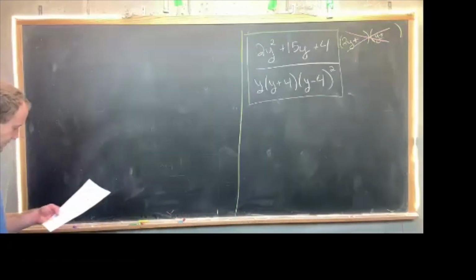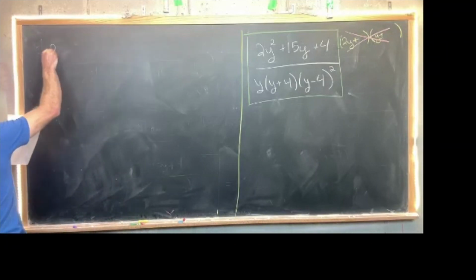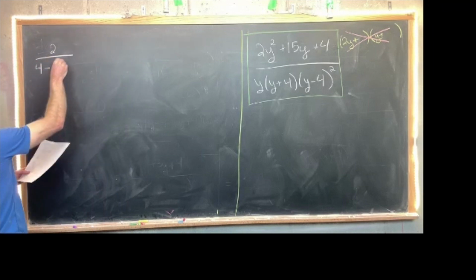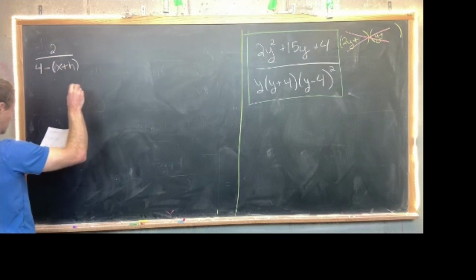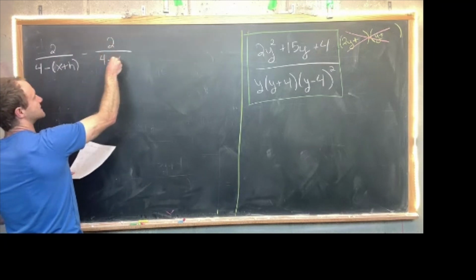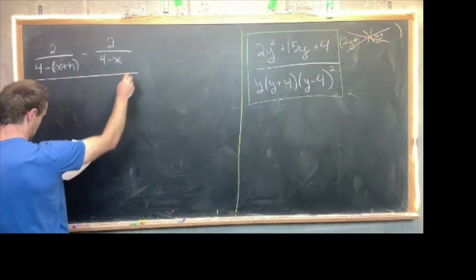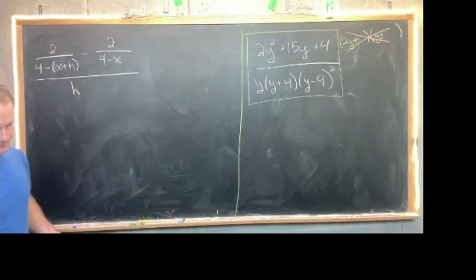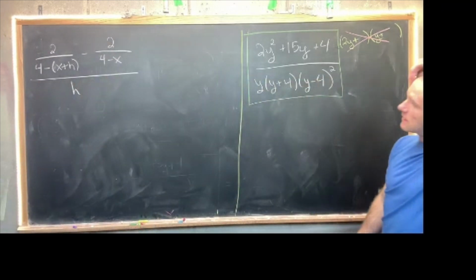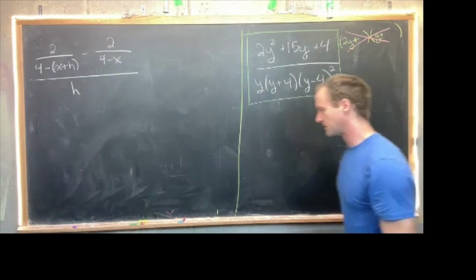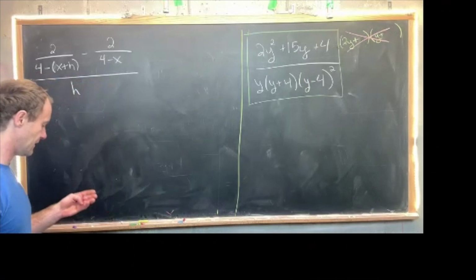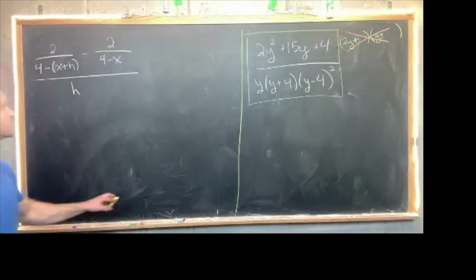Okay, so let's maybe look at this one. 2 over 4 minus x plus h, minus 2 over 4 minus x, and this is going to be all over h. So this may seem needlessly complicated, but this is a really important example of something called the difference quotient, which we'll see later, which will be super important in the first semester of a calculus type course.